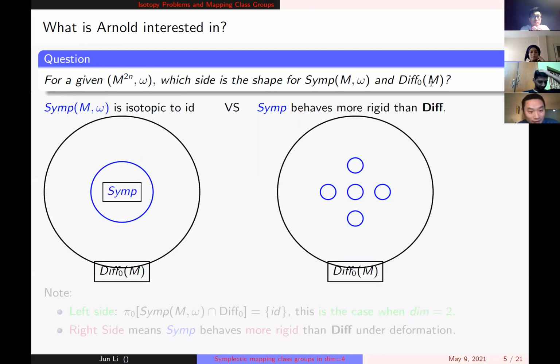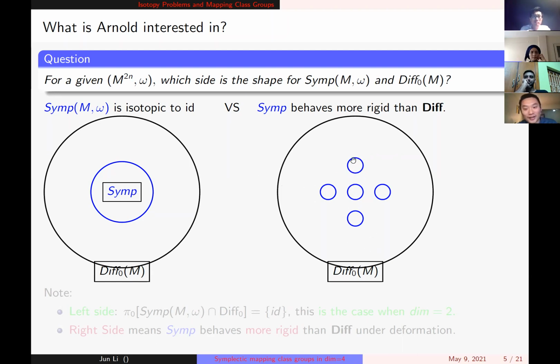Okay, on the left-hand side, this is a 2D picture. So if we look at the Diff0 of the 2D manifold, then we only see one component of Symp, which is the blue region. So here I'm drawing the infinite dimensional groups in 2D. This big black disk is Diff, and then the blue object is Symp.